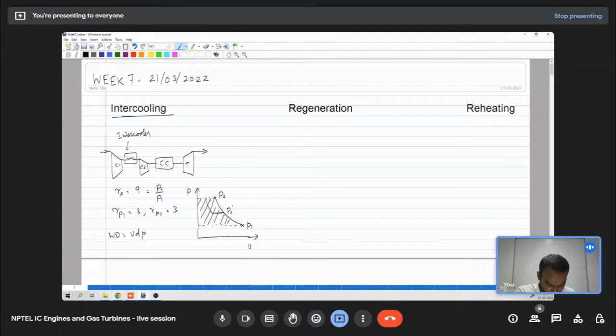So initially you had this region, and now this overlapping region is avoided in compression. So the revised compression work will be only this, represented by this area. So this is the advantage of using an intercooler.